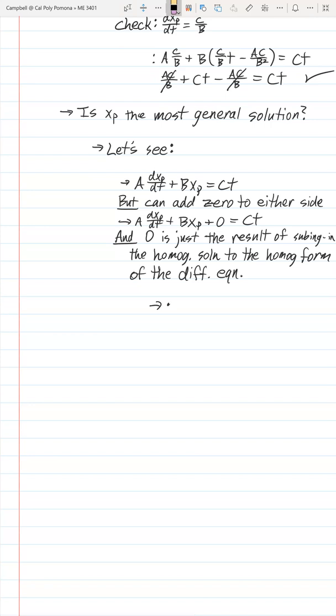Let's do an IE. Let me erase this. Give me 1 second. Okay. We can say that A dxh/dt plus Bxh is equal to 0.